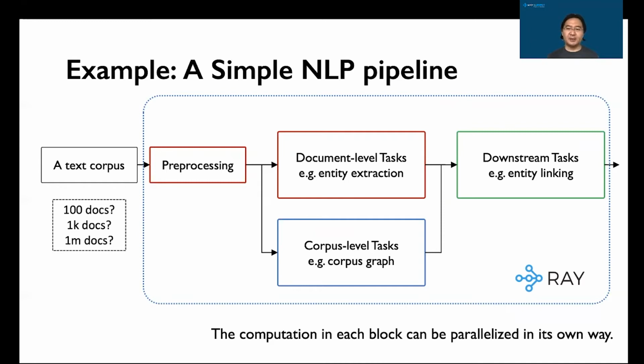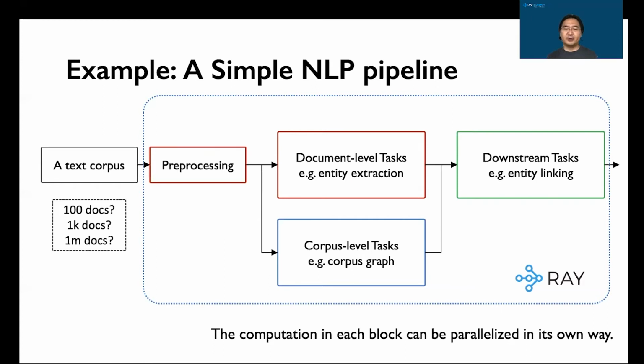But on the other hand, if we use Ray, we can just easily put some of the pre-processing functions as a Ray remote function, and then we can also have these document level tasks like entity extraction parallelized on the document level. But for these corpus level tasks, they can be parallelized at a completely different level, for example, some of the matrix operations that you can parallelize in a different way.